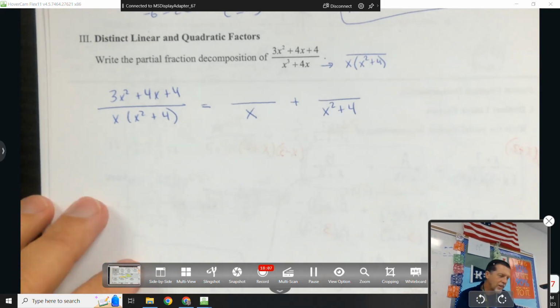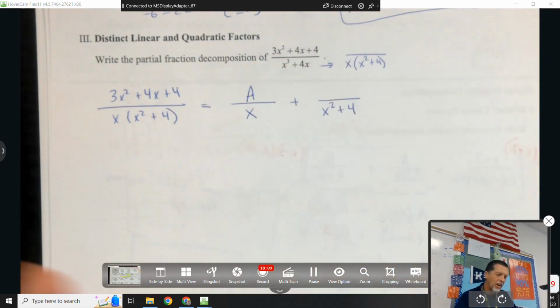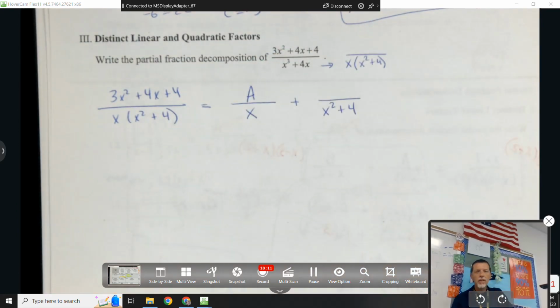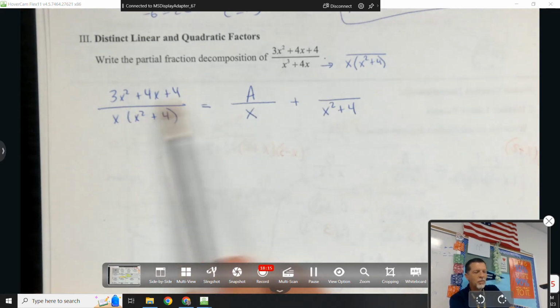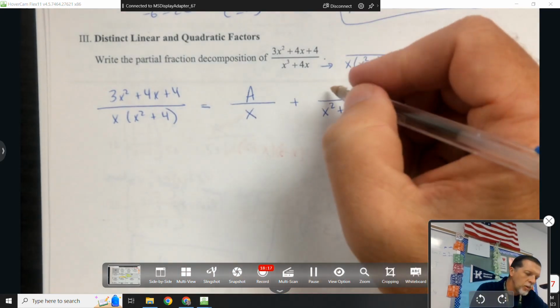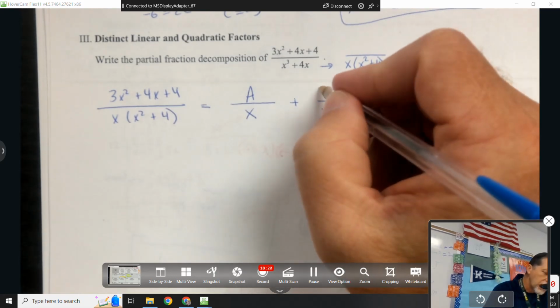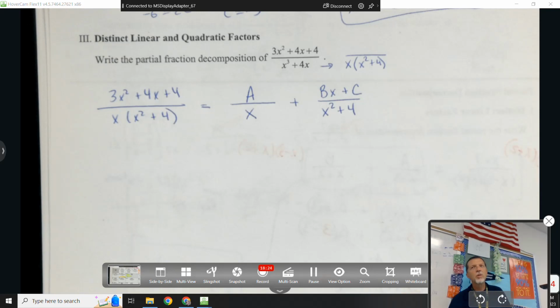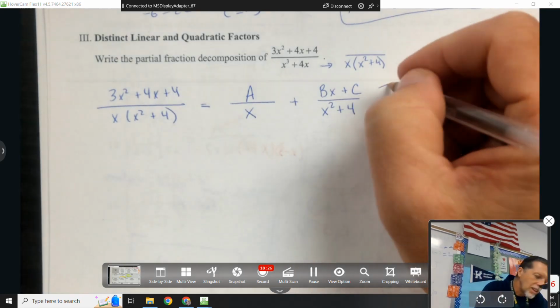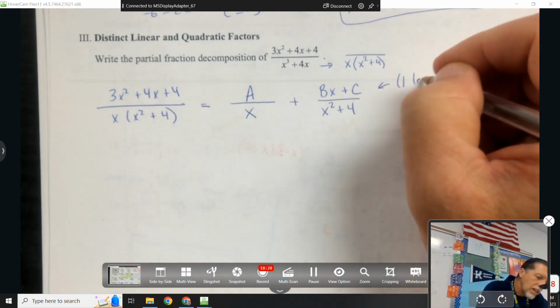But the numerator, a over x, that's easy. But you think about getting the numerator, it's possible that this numerator wasn't just a number. It could have been bx plus c. So 1 less degree than the denominator.